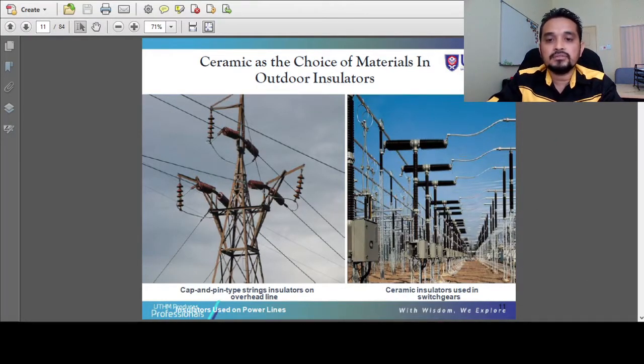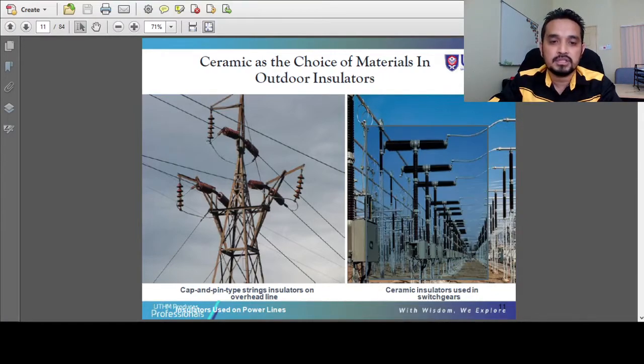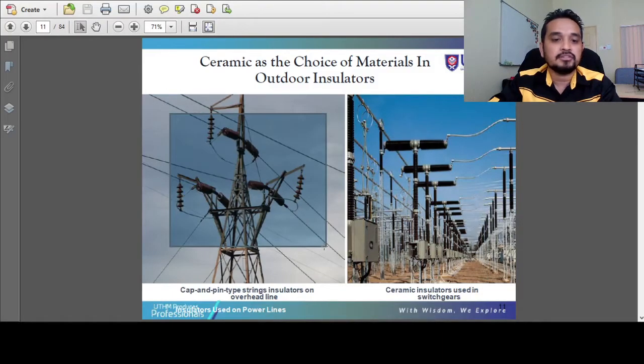Okay, more insulator types of the ceramic or solid dielectric material which we use in the substation. If you can see here, switchgear, and we use this one, as I explained before, in the transmission tower. This is what we call cap and pin. Cap and pin is normally only for glass and ceramic. For polymeric insulator, we normally call it a long rod insulator.